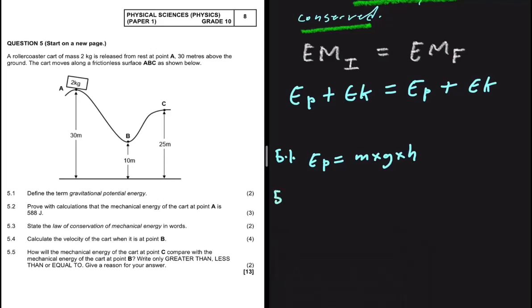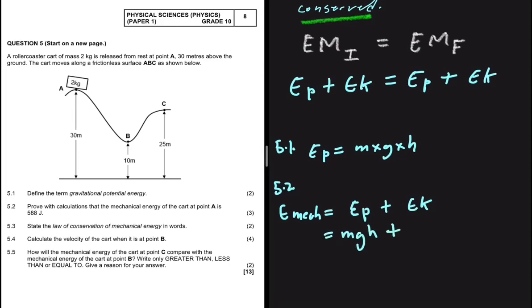Moving to 5.2. Prove with calculations that the mechanical energy of the cat at point A is 588 joules. The mechanical energy of the cat at point A will be equal to the potential energy plus the kinetic energy. We have already said that the potential energy is equal to the mass multiplied by the gravity multiplied by the height.